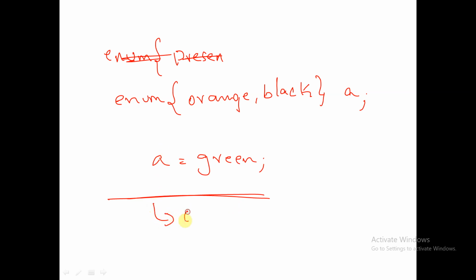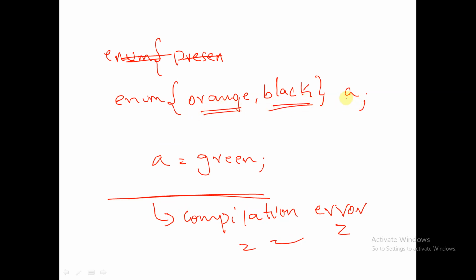So we will get a compilation error here. Since in case of enum data types, we can only assign the values which we have declared in this list. Since we have declared only orange and black, we cannot assign a to green, so we will get a compilation error. So like this we can create our enum data type.